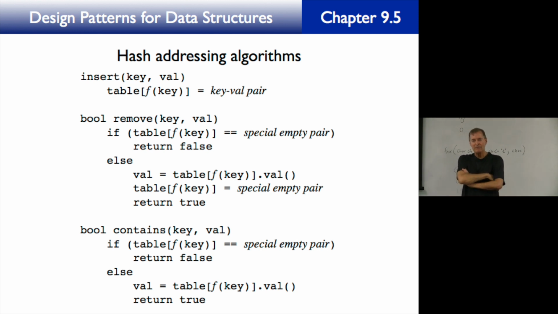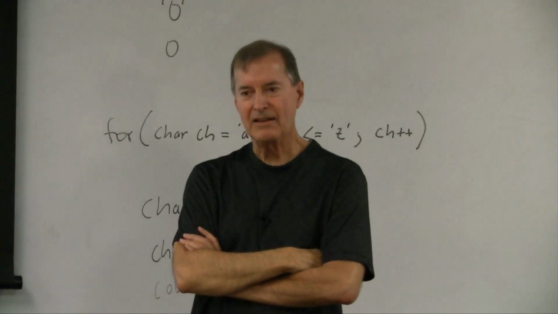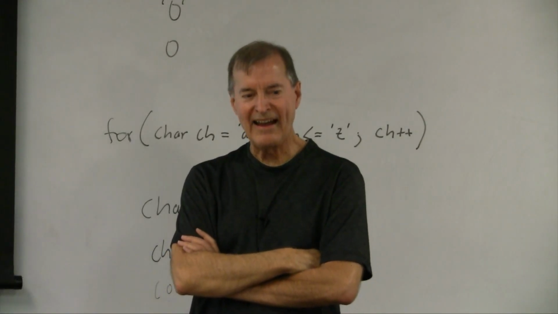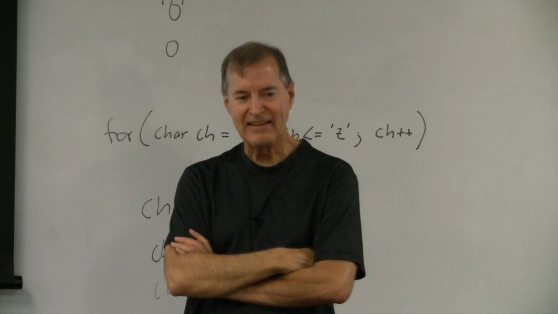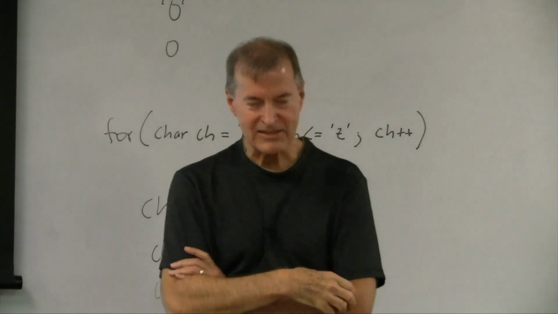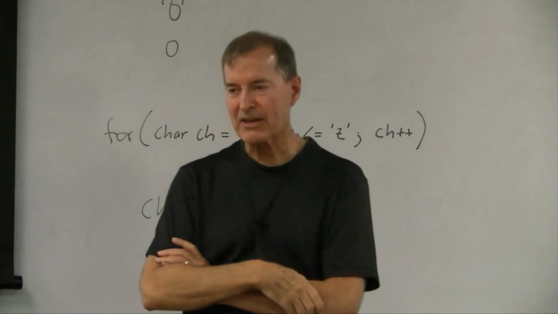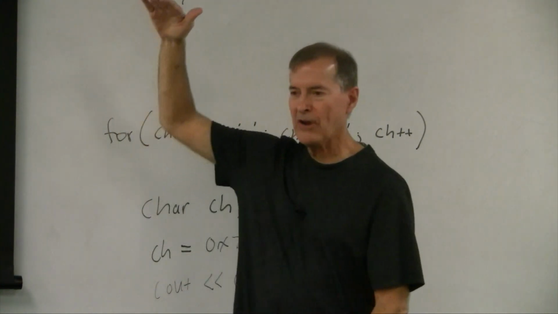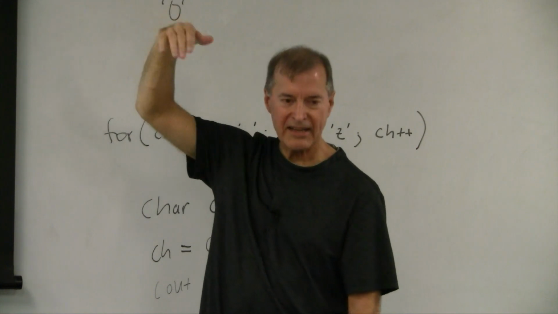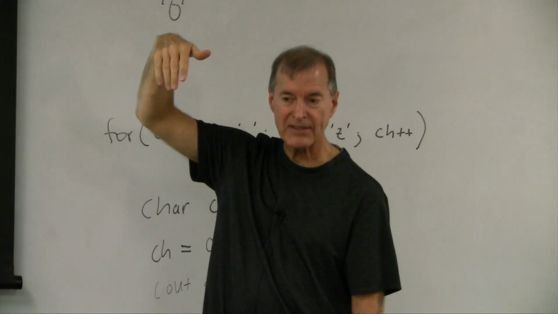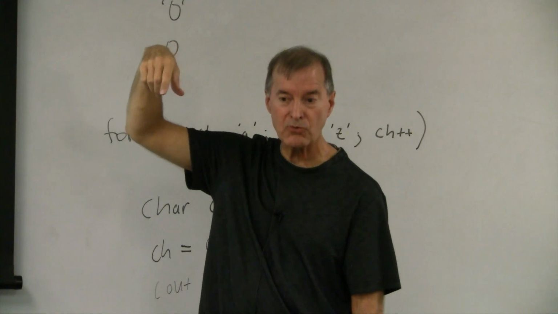Now, but there's a problem. Two things could have the same function key number. Does everybody see what the problem is? Because look, if you have this table that is humongous, in direct addressing each key has its own slot.